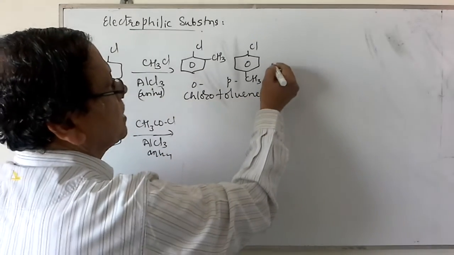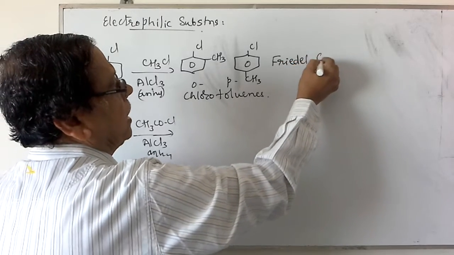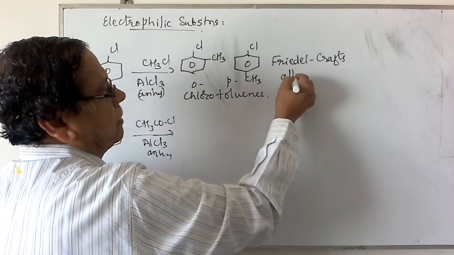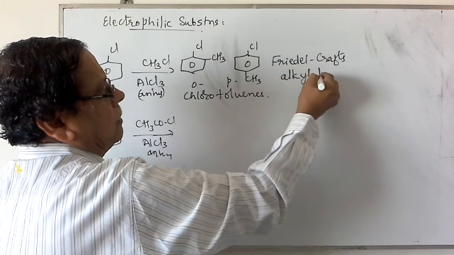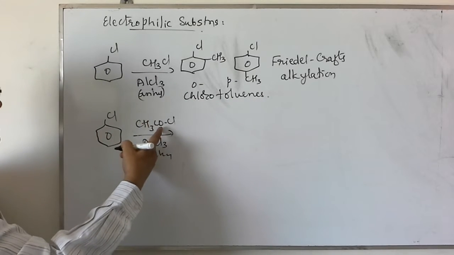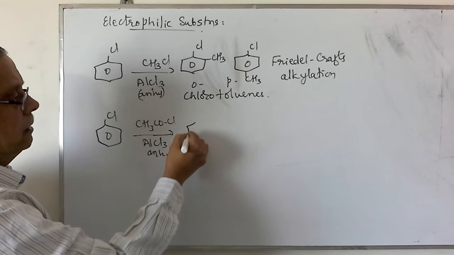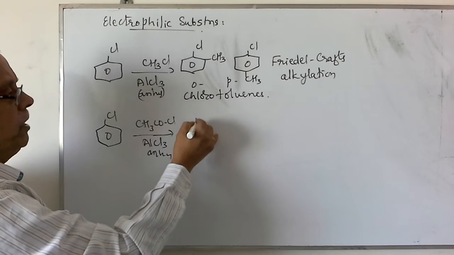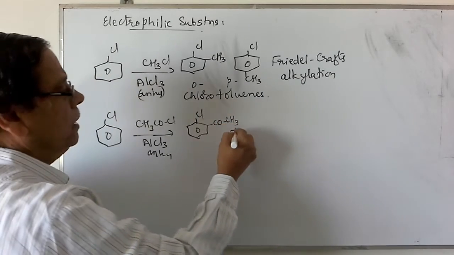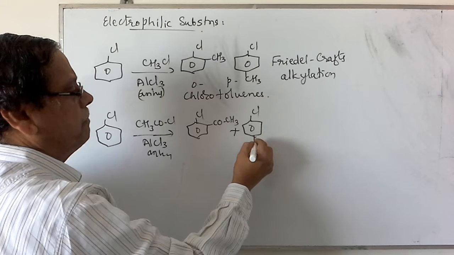I will write the name of this reaction as Friedel-Crafts acylation. In case of this acylation reaction, in general, we get two compounds, one with Cl and COCH3 in the ortho position, the other one is Cl, COCH3 in the para position.